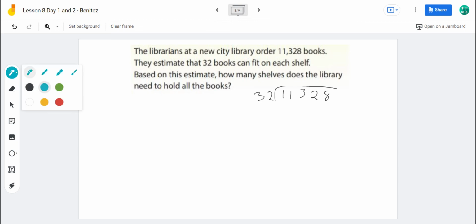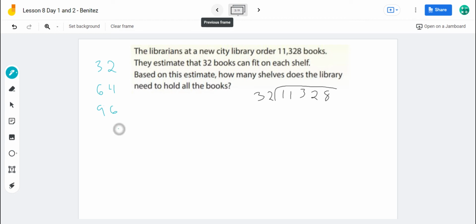Alright, multiples of 32. This might take some time. 32. 32 times 2 is 64. 32 times 3 is 96. I'm just adding 32 in my head each time.